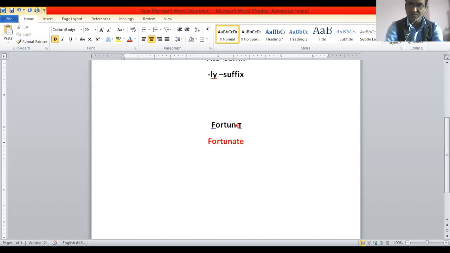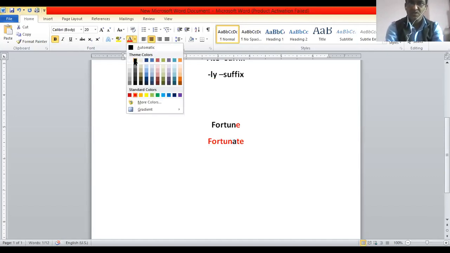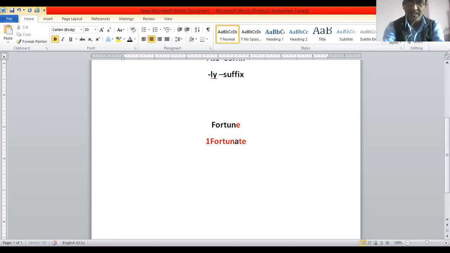So deletion of e becomes a, and with this we have the first order of word formation. This is the first stage that we see.